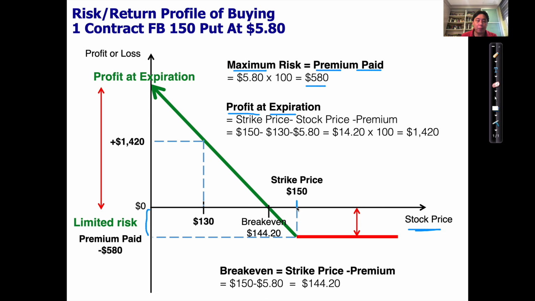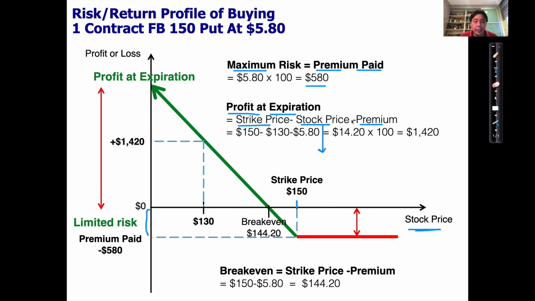And of course, if the stock price theoretically goes to zero, you make the maximum profit. So your profit would be the strike price minus the stock price minus the premium. Again, the lower the stock price goes, the more money you make.